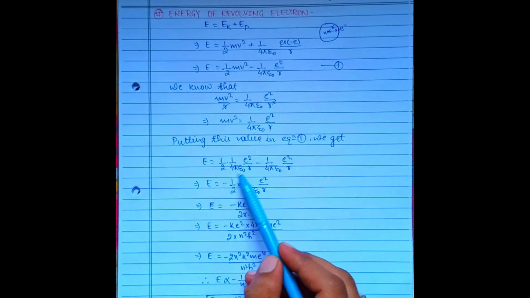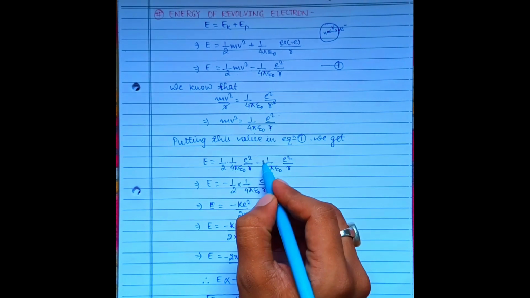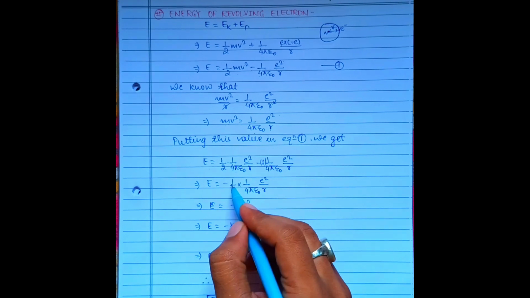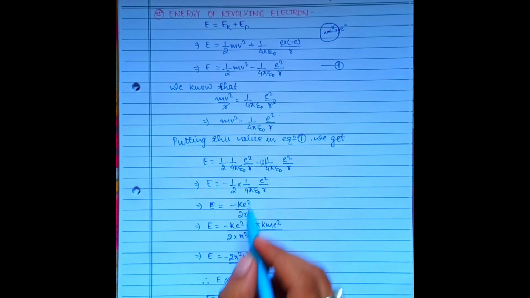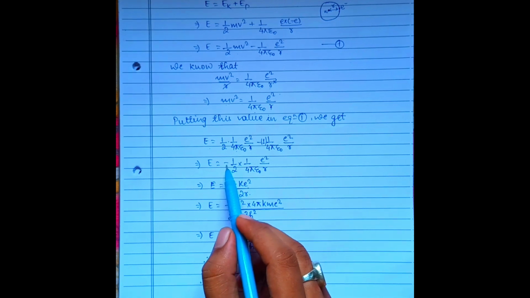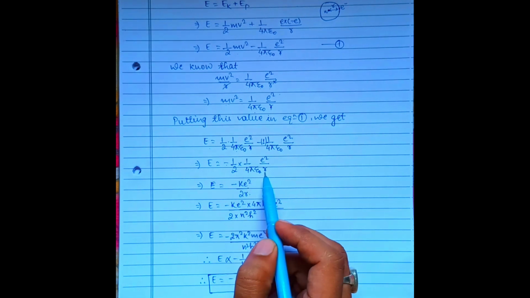It is 1 multiplied by 1/2 subtracted by 1, which becomes minus 1 by 2. Therefore we get that E is equal to minus 1 by 2 multiplied by 1 by 4 pi epsilon naught E square upon r.